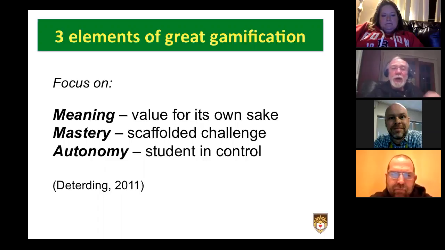However much you can increase student autonomy, you increase their intrinsic motivation and their engagement. The more it's your game and not theirs, the more it's, okay, our game follows my rules and you have no say in it, the less engagement you can expect.